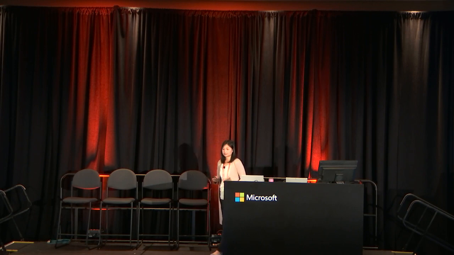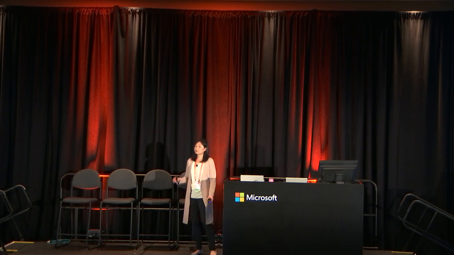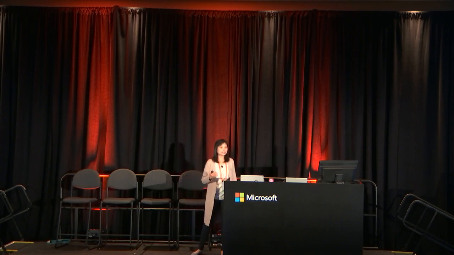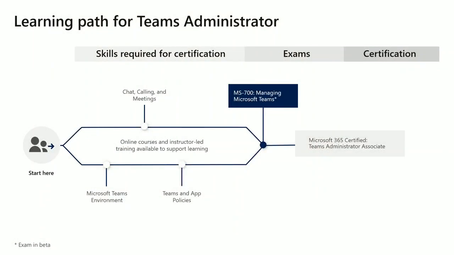Let's see the learning path for this Teams admin. The 3 dots shown on the screen represent 3 sections in this exam, and each section contains several exam objectives. This is a single exam certification. So once you pass the exam, you will get 2 badges. One is for the exam, and the other is for the credential.